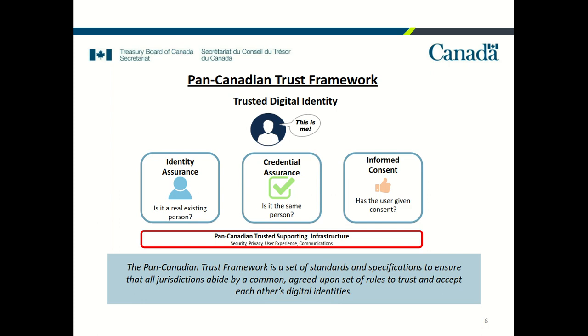First of all, I want to talk about this notion of the Pan-Canadian Trust Framework. In Canada, we are 14 separate jurisdictions, 13 provinces and territories, and 1 federal government. We don't have a national identity program per se, nor is there any intention to have one, but we want to harmonize our regulations, our legislation, and also the programs that register individuals and provide identity for provincial and territorial programs.